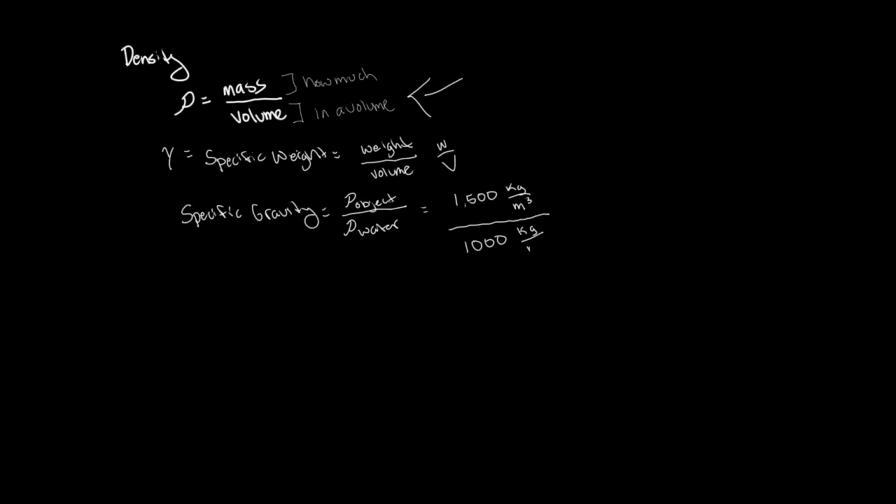When we divide these two, we end up with a value, and these units cancel. So something to remember is SG, our specific gravity, is unitless. And that's pretty much the gist of the whole deal here.